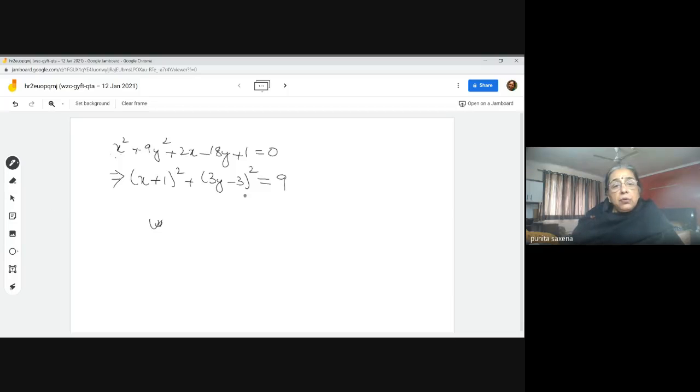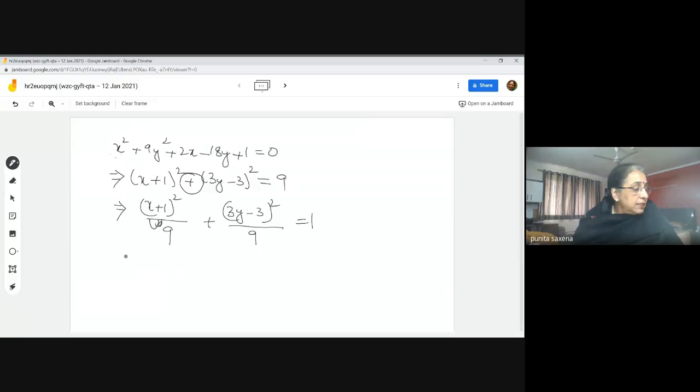Right. Now, the moment you have a plus in between, that means it should be an ellipse. So we try to reduce this equation to that of an ellipse. So it becomes x plus 1 whole square upon 9 plus 3y minus 3 whole square upon 9 equal to 1.